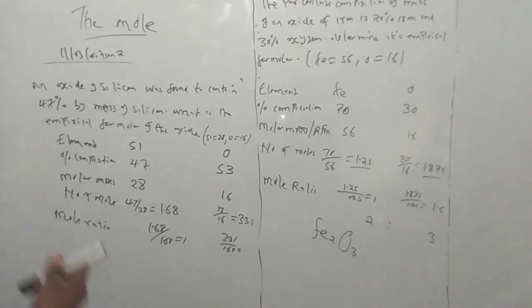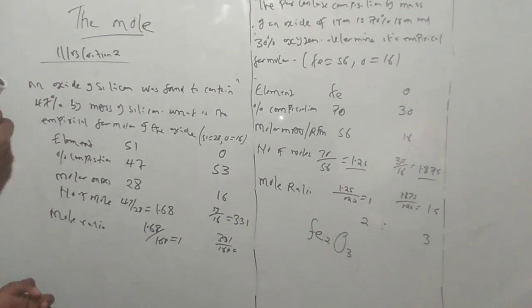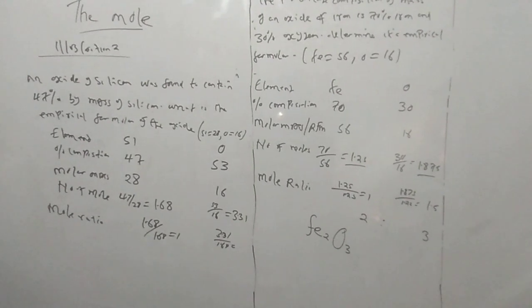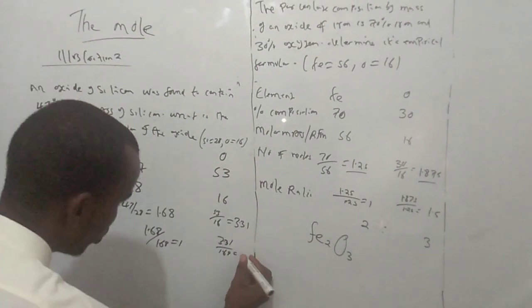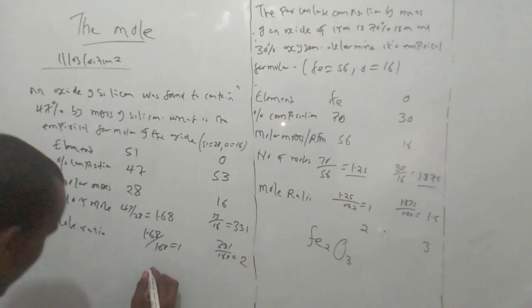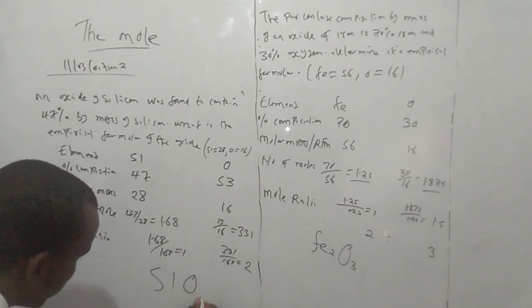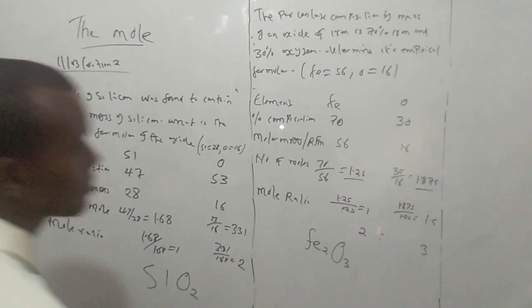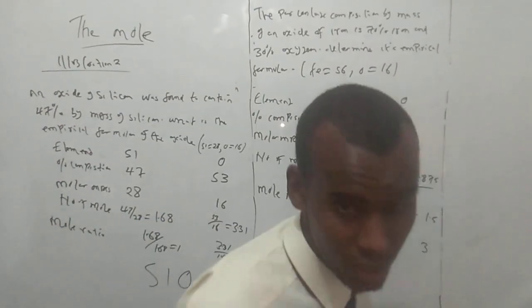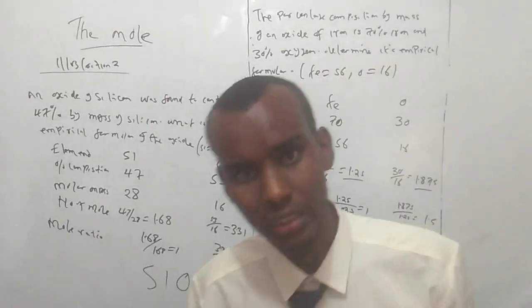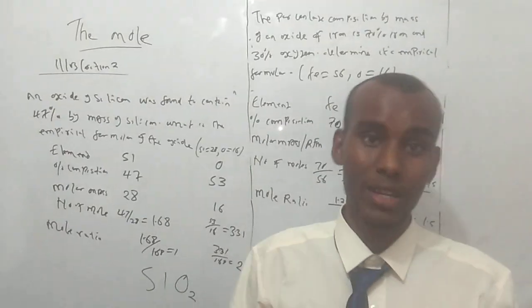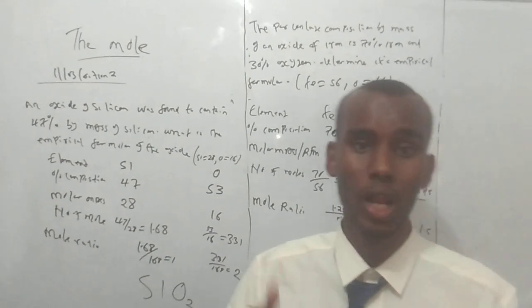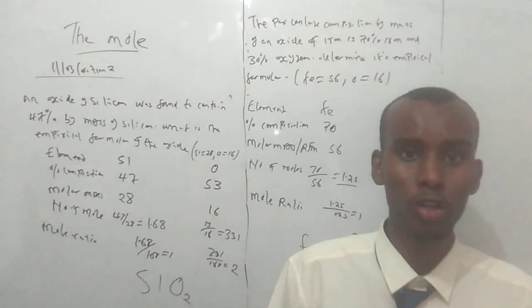If we round off to the nearest whole number, 1.9 will come to 2. So that means we'll have SiO2. As simple as that. So what you have to know: first you write the elements, then you go to the percentage composition, then the molar mass, the number of moles, the mole ratio.